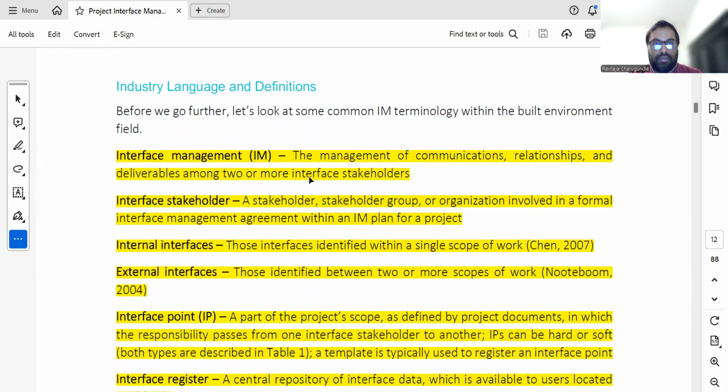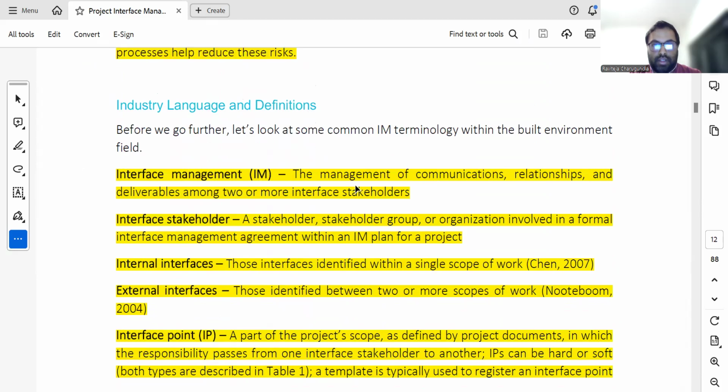This is an important topic, the industry language and definitions. The first definition: what is interface management? Interface management is the management of communication, relationship, and deliverables among two or more interface stakeholders. Who is the interface stakeholder? The stakeholder or stakeholder groups involved in a formal interface management agreement within an interface management plan for a project.